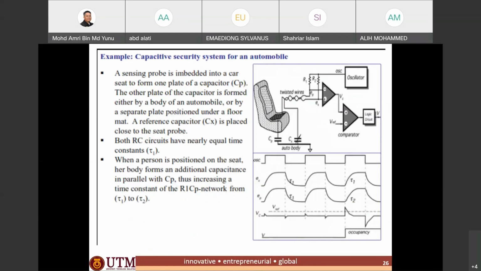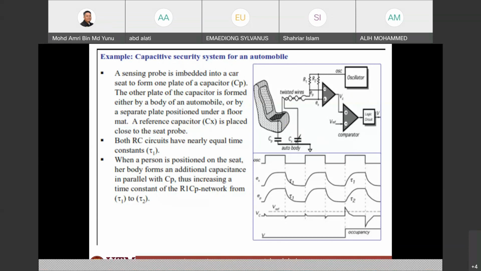And this application also detects human presence, due to a human or subject that sits on the car seat.